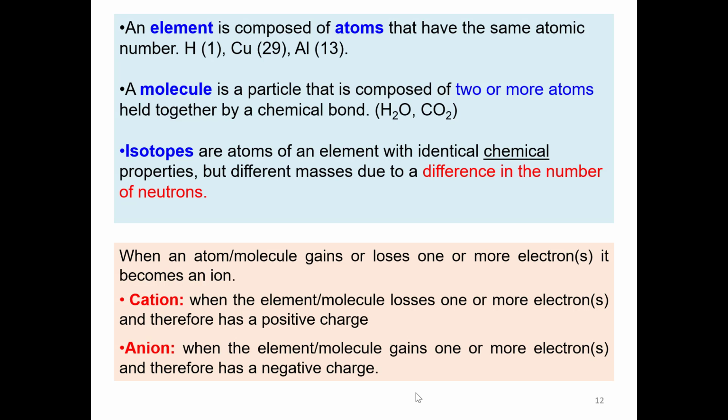One is the cation, the other one is the anion. A cation occurs when the element or molecule loses 1 or more electrons and therefore has a positive charge. In the case of the anion, it occurs when the element or molecule gains 1 or more electrons and therefore has a negative charge. And this is all I had to discuss for today.